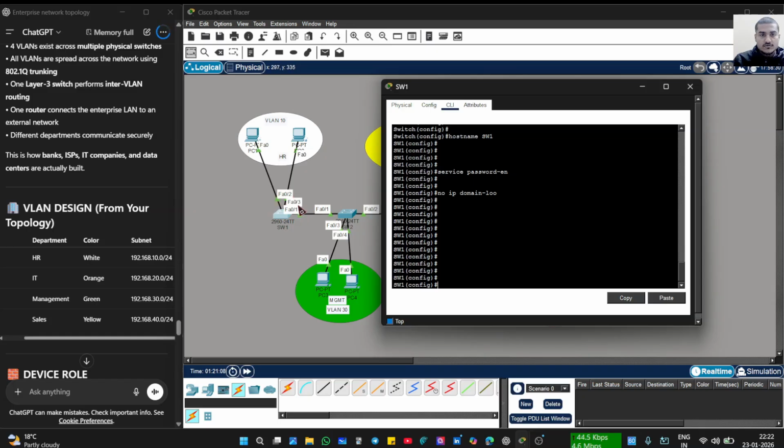So interfaces 2 and 3 are for access ports, right? I will call the interface range F0/2 to 3. Then I will put the description, which is connected to the PC1 and PC2.